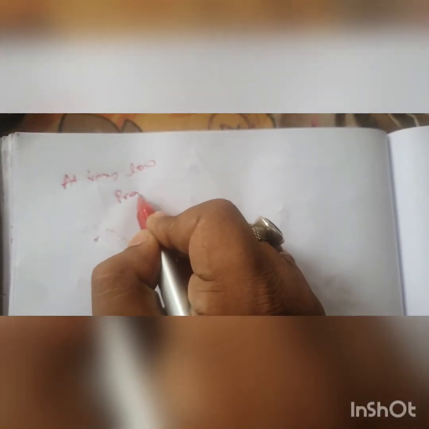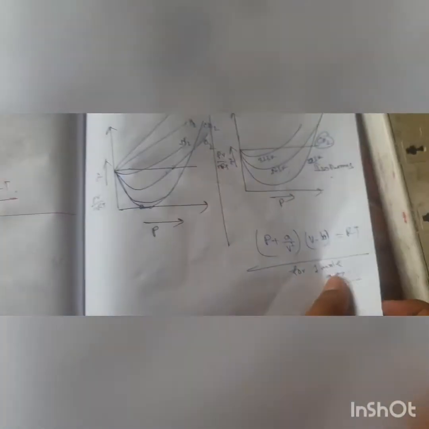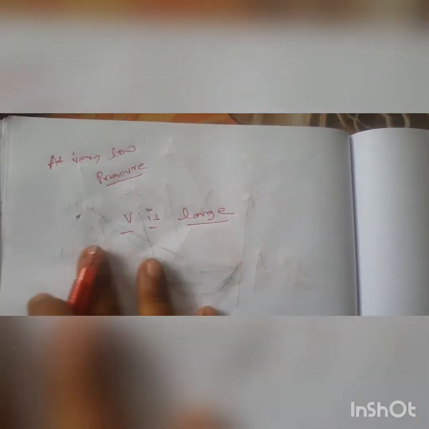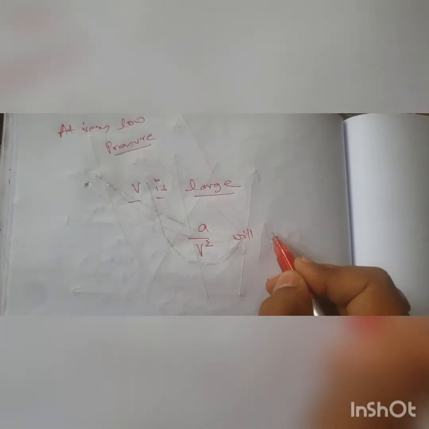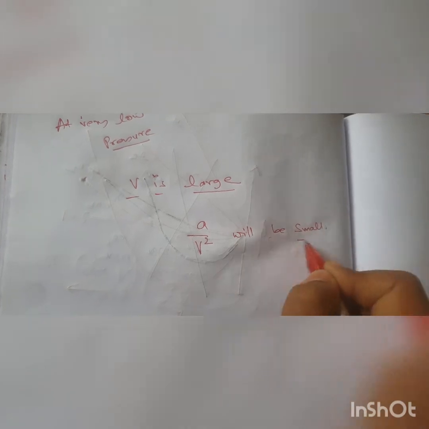Now let us consider what happens at very low pressure. At very low pressure, V is large. It is very easy to understand. Not a very tough thing, but I have taken so much time to draw the curves just to make you understand one thing. So V is large. Now if V is large, a/V² will become very small, so small that it can be neglected.